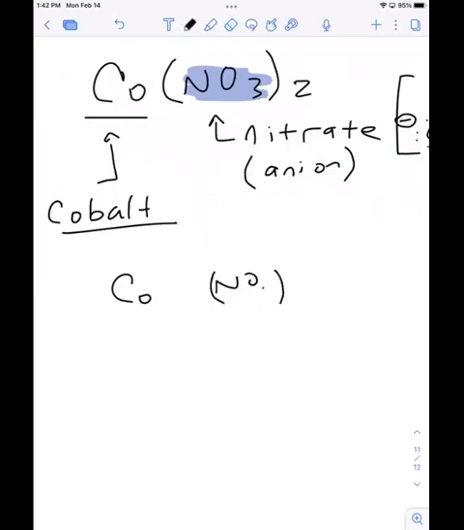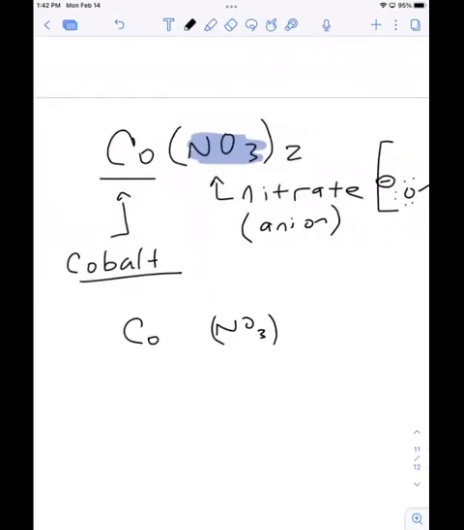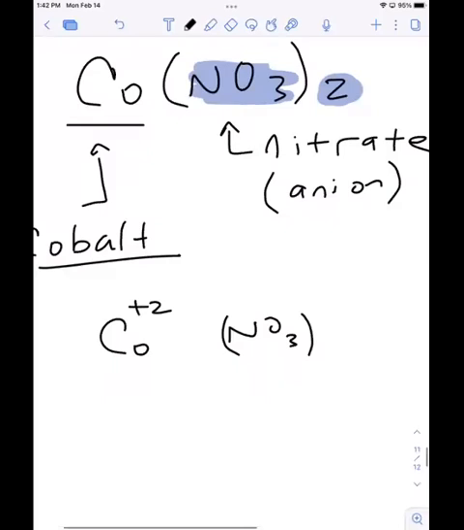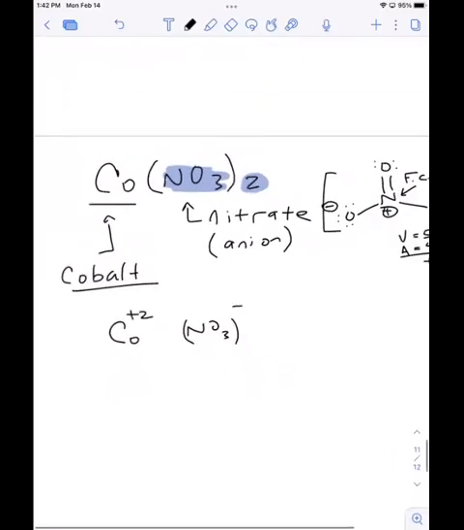What's the charge on cobalt? Is it +1 or would it be +2? It's always going to be this number down here, right? So it's going to be +2. Good though. You're in the ballpark. This is +2. What's the charge on the nitrate again? -1. Right?